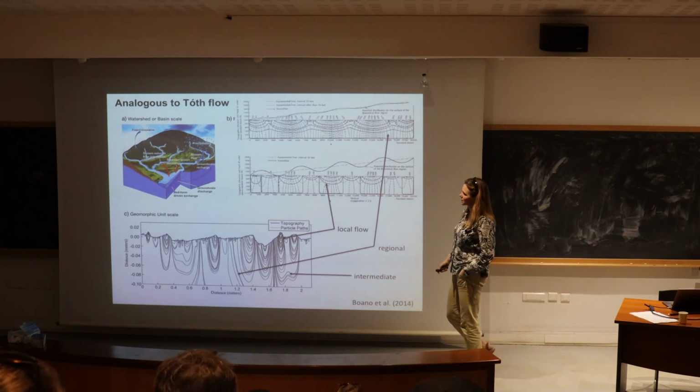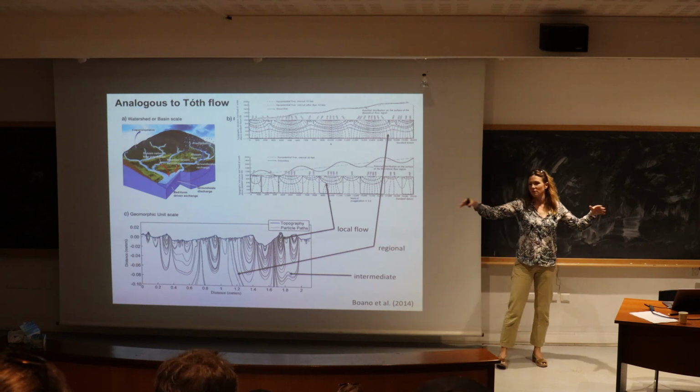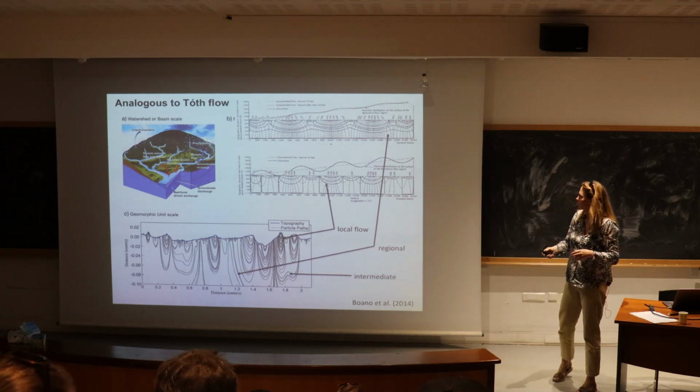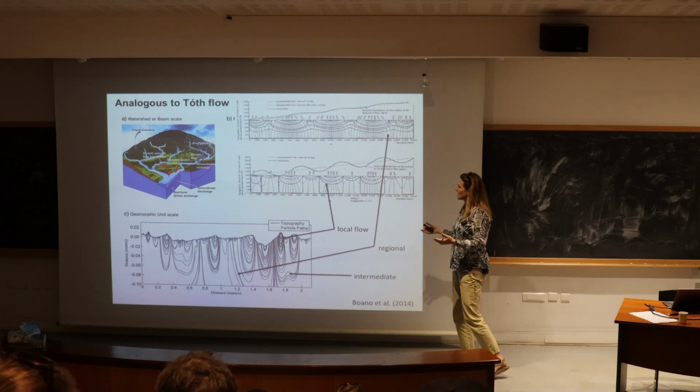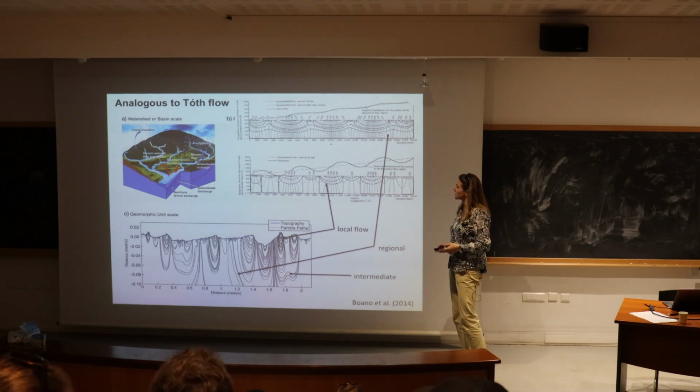In this case, it's flow that connects up different parts of rivers over the reach scale, say. And each of these has different residence times and affects different chemical processes along flow paths.